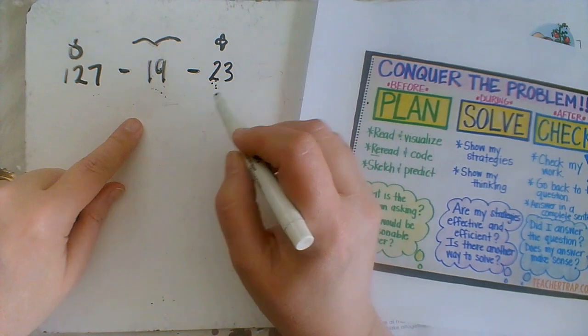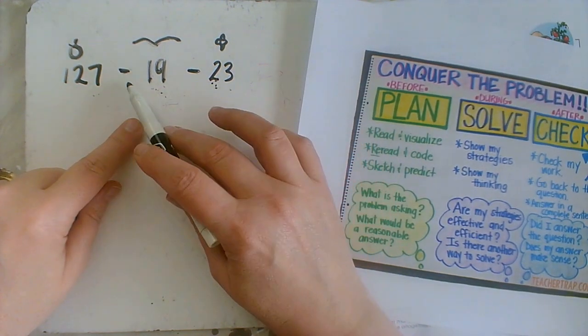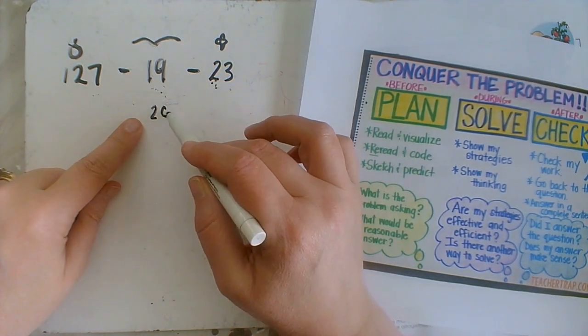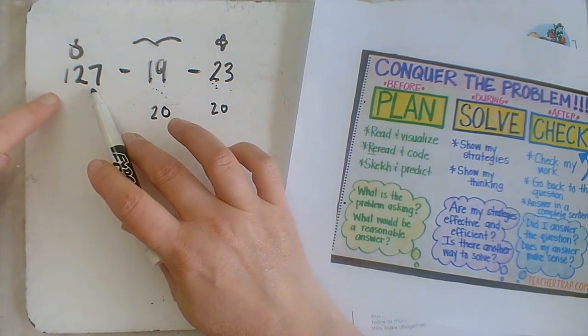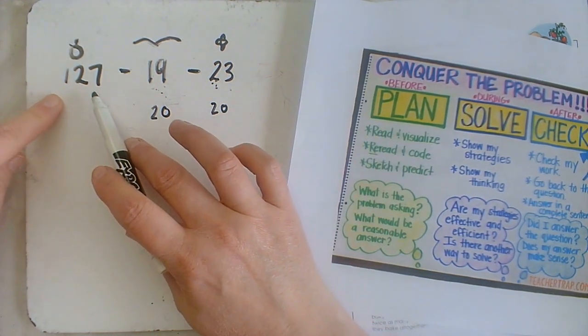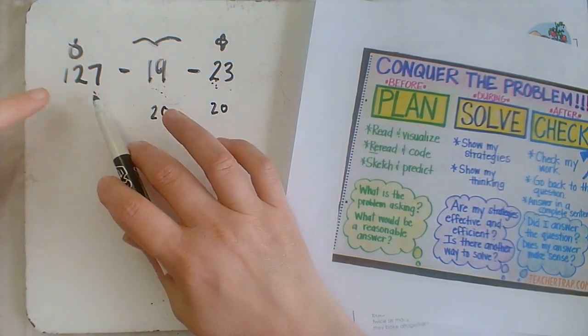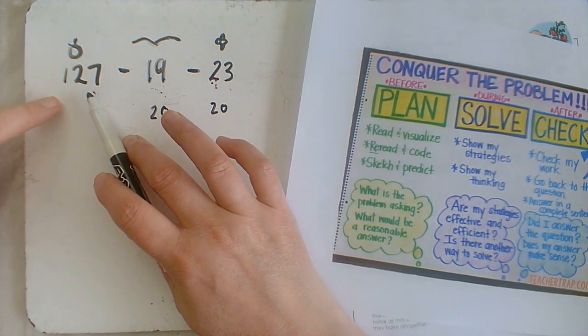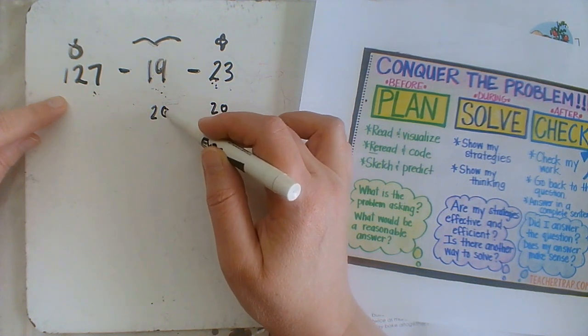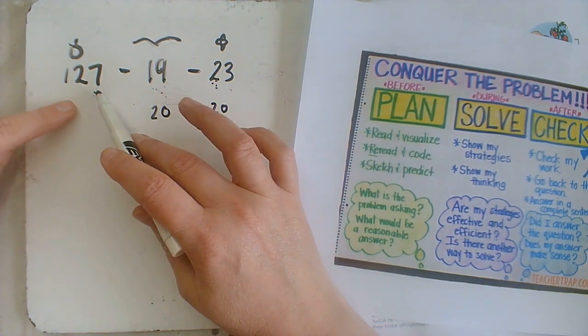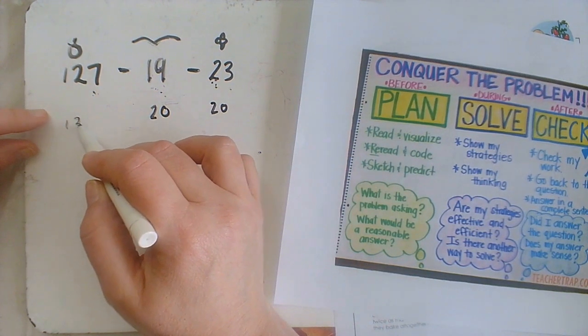19 is really close to 20, and so is 23. So I know that 20 and 20 is 40. So I know that out of here, about 40 tomatoes are going to be ruined. And my brain really likes the tens numbers, the numbers that end in 0. So 127 is really close to 130.